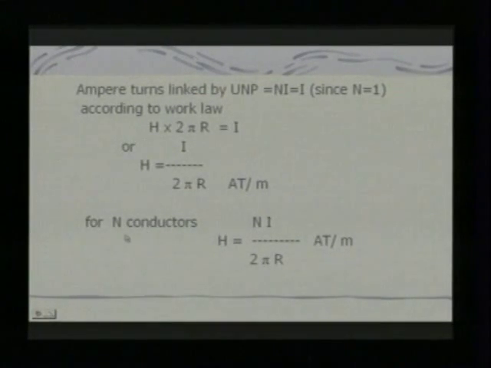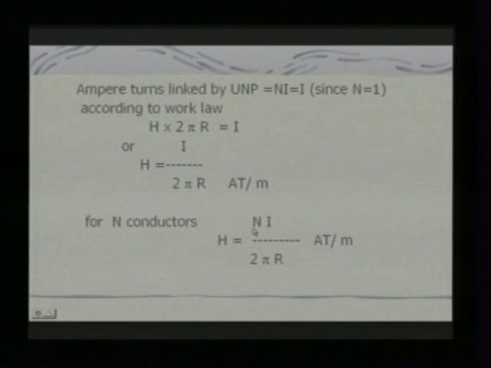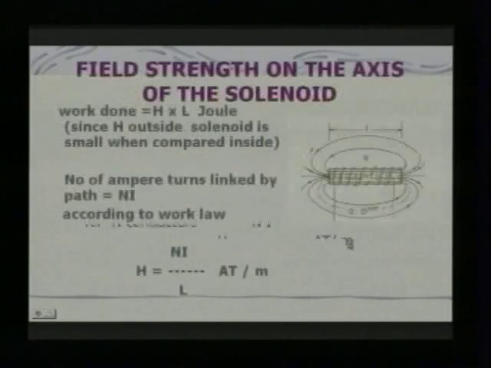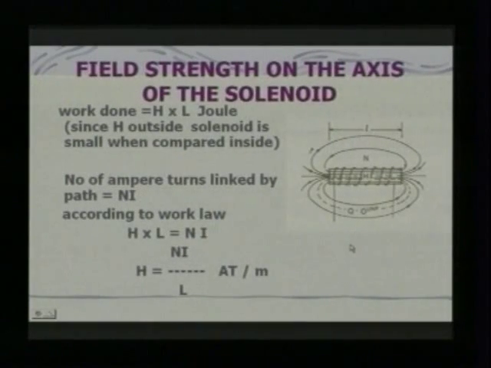Suppose there are N conductors enclosed by the unit north pole, then H is equal to N I by 2 pi r ampere turns per meter. Now, we will apply the work law to calculate the field strength on the axis of the solenoid.